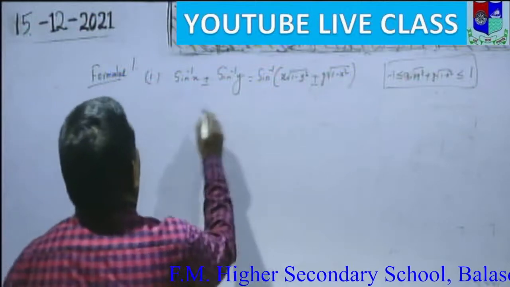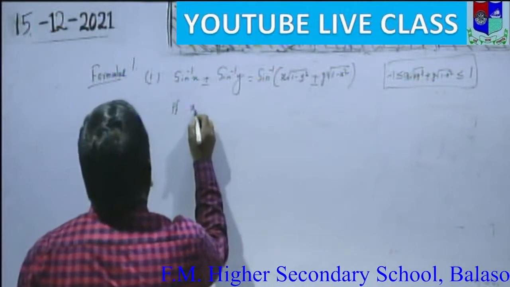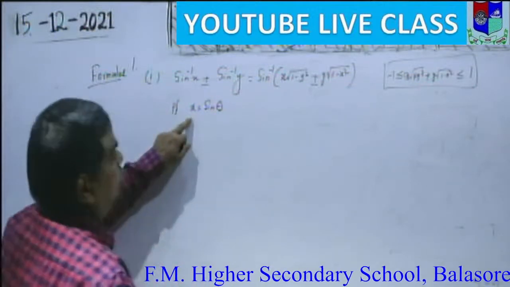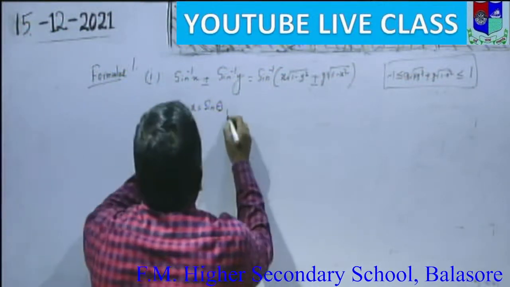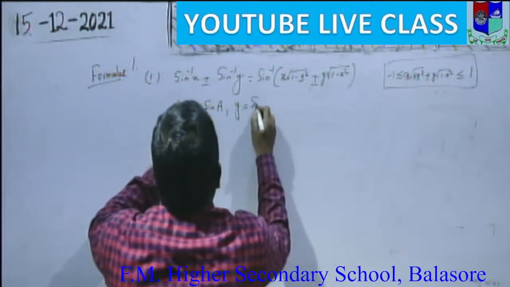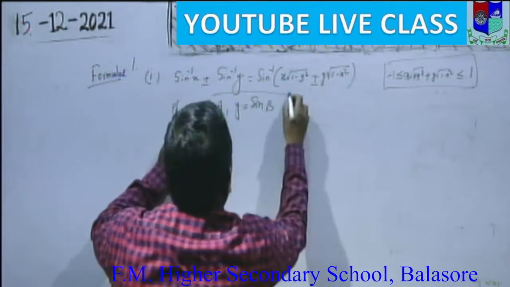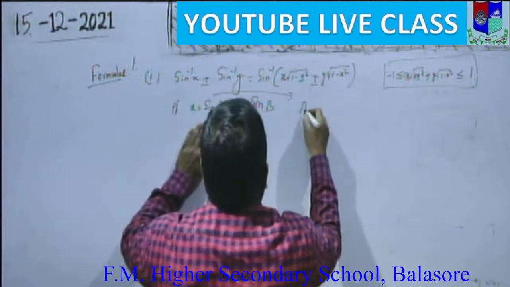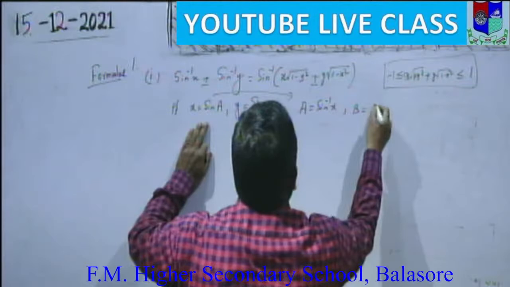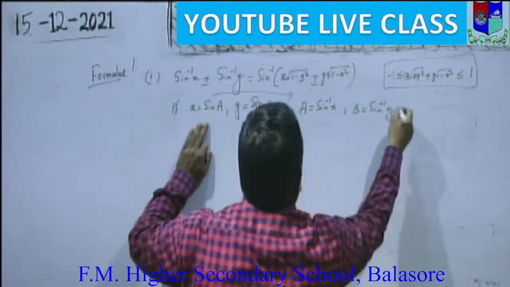Now we can prove it. Say x is equal to sin A, whose maximum is 1 and minimum is minus 1, and y is sin B. From this we have A is sin inverse x and B is sin inverse y.